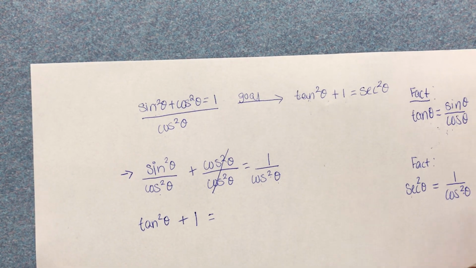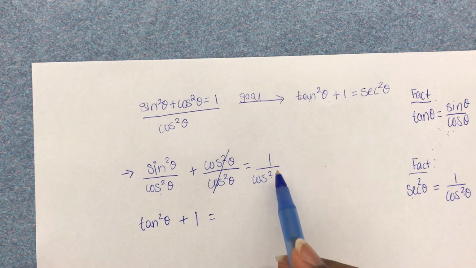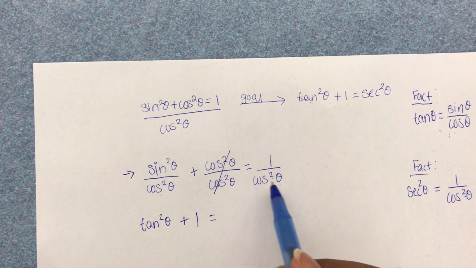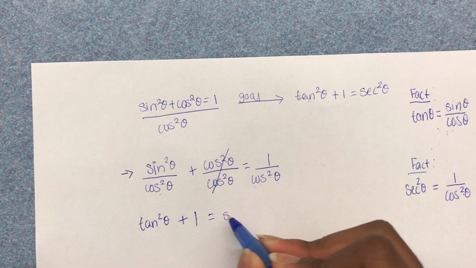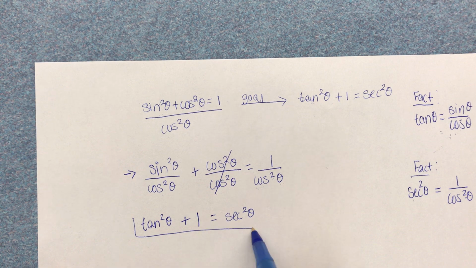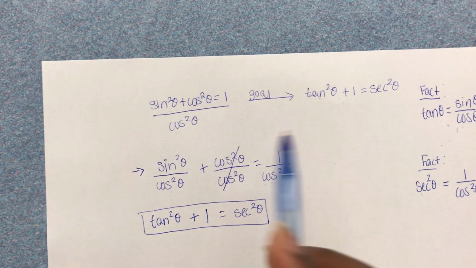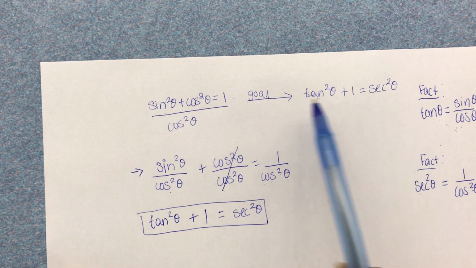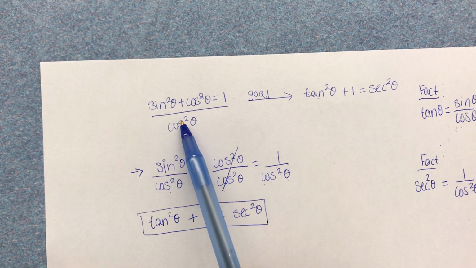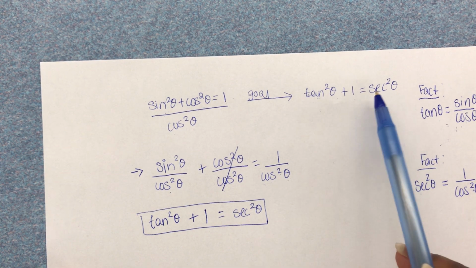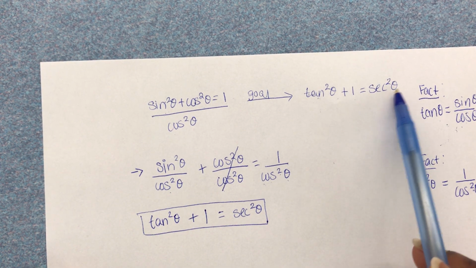So since we already know this fact, we can automatically just turn 1 over cosine theta squared into secant theta squared. And we just proved that sine of theta squared plus cosine of theta squared equals 1 is able to transition from itself to tan theta squared plus 1 equals secant theta squared.